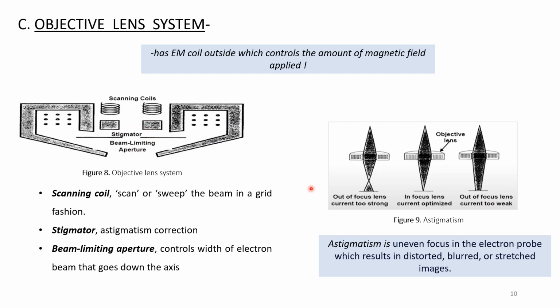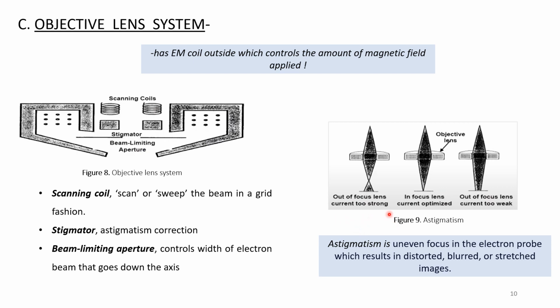Now let's come to the astigmatism. What is astigmatism? Astigmatism is the uneven focus of the electron probe onto the sample, which may result in a distorted or blurred image of the sample. The astigmatism may arise due to the out of focus of the sample image, which may give rise to a blurred image of the samples.